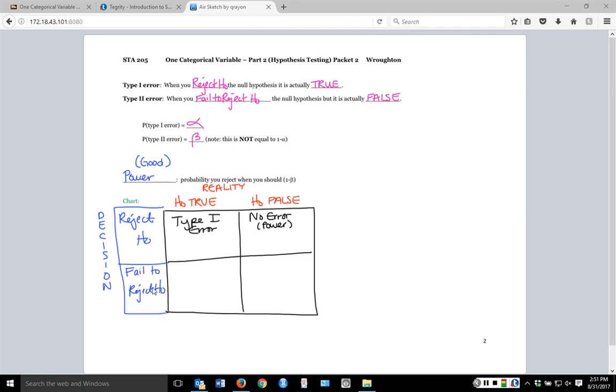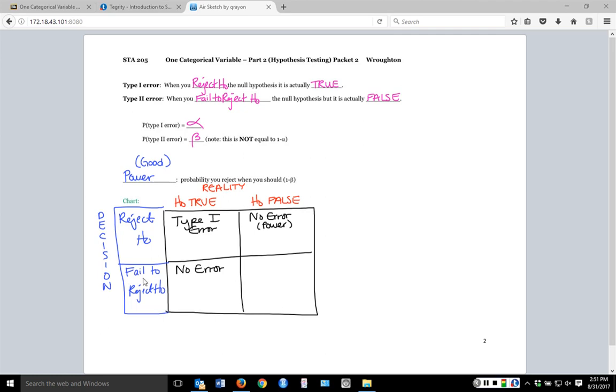Now, if I don't reject the null when the null is really true, in a sense I'm going to find the person not guilty when they're actually innocent. That's a good decision. So not guilty, they're innocent, that's good. There's no error here as well. This one does not have its own special name. The power one has its own special name because generally your goal is to reject the null when you do a hypothesis test.